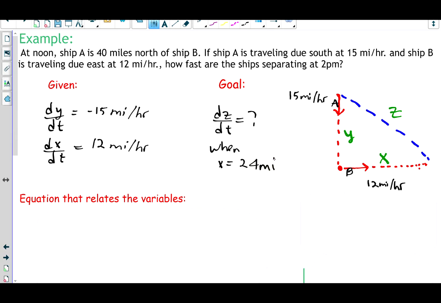Okay, the y is a bit of a trick here. Remember that initially it started 40 miles away, and he traveled for 2 hours south at a rate of 15 miles per hour, right? So how far did it move? 30 miles, right? 2 times 15 is 30. So it came down by 30. So at that moment in time, how far away is that one from the intersection?